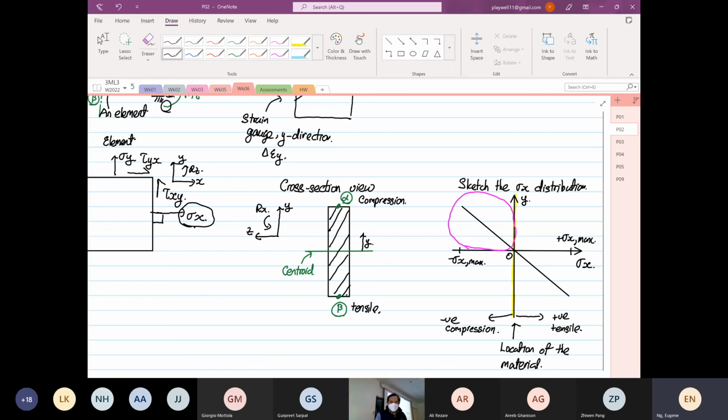Compression means the normal stress vector is pushing into the material, where the yellow vertical line is the location of the material.